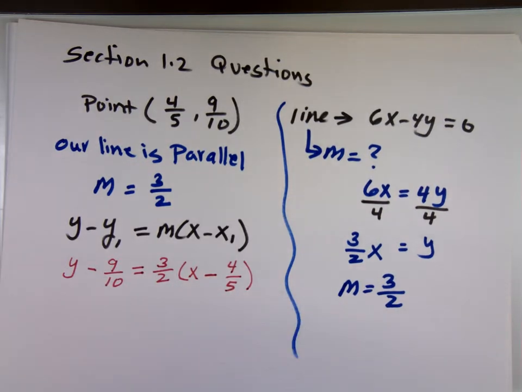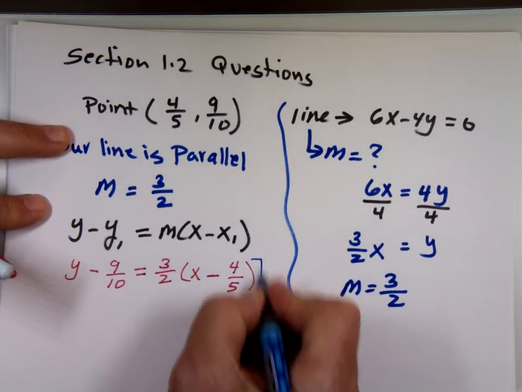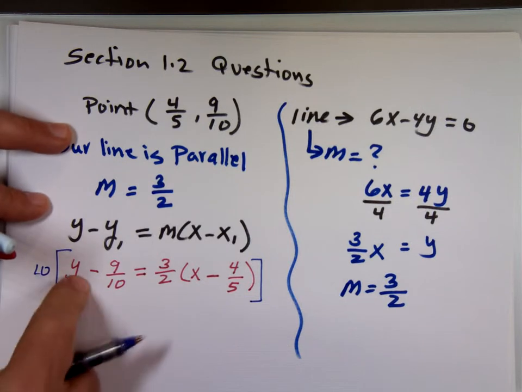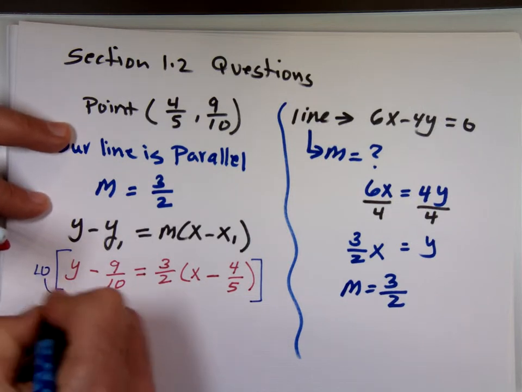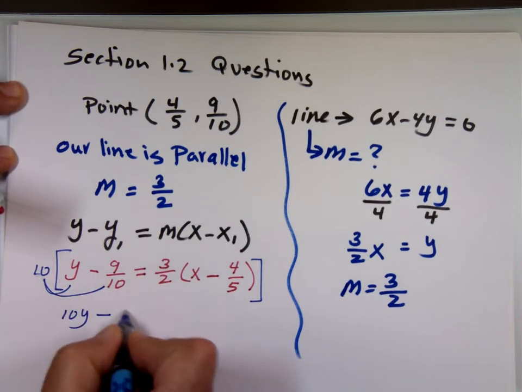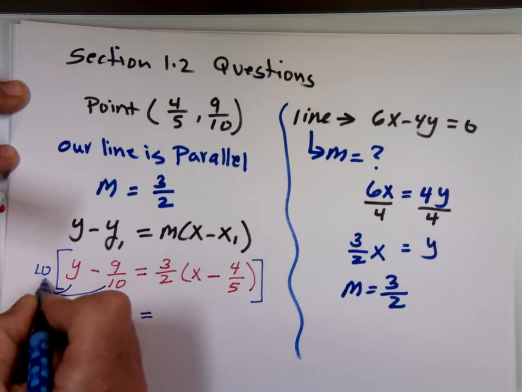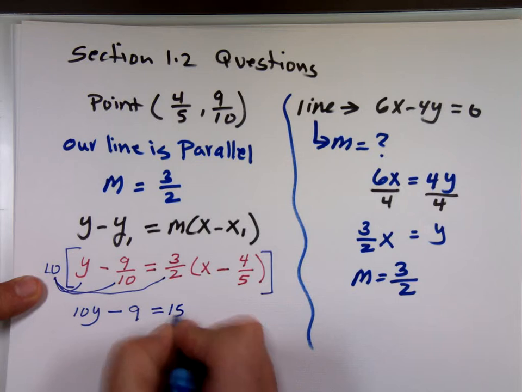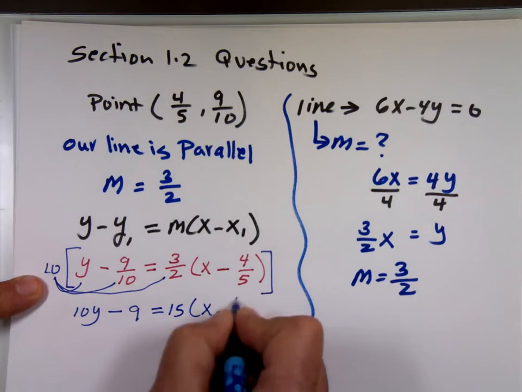And what is the LCD for 5, 2, and 10? 10. So let's multiply the entire thing by 10, every one of them. 10 times y, 10y minus 9. 10 times 3/2 is 30/2, that's 15 times x minus 4/5.